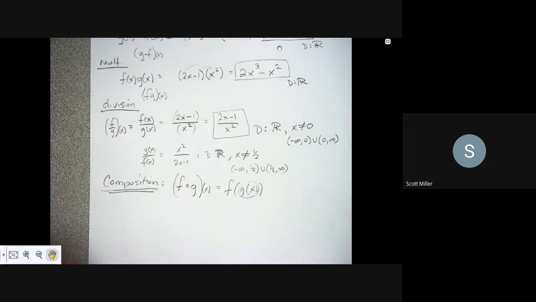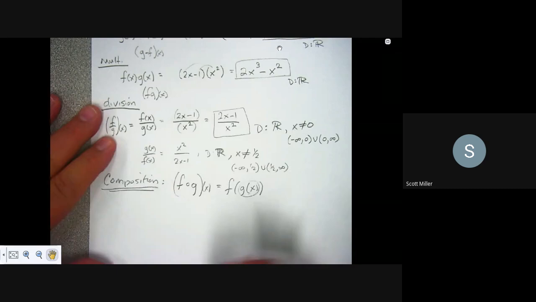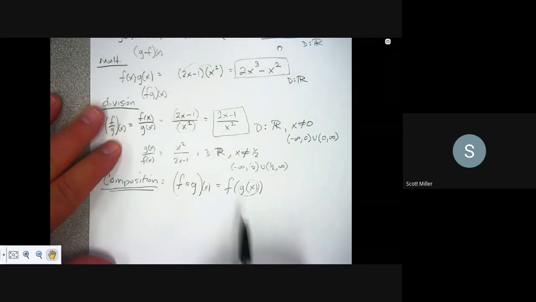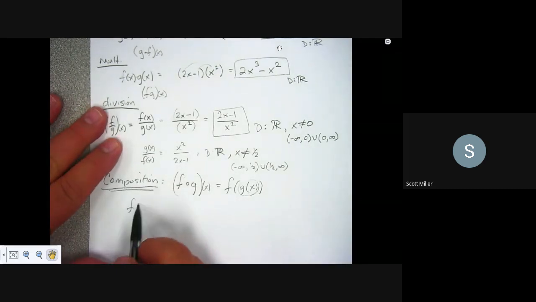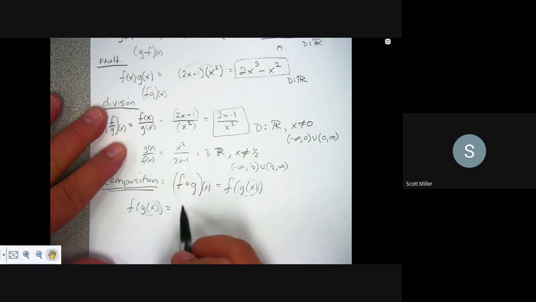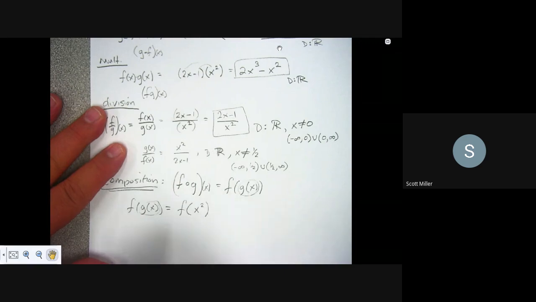Remember, composition is really just substitution. So I'm going to show you this with the two functions we had at the top. So what is f of g of x? Well, since g is the inside function, I'm going to replace it with what it is equal to.